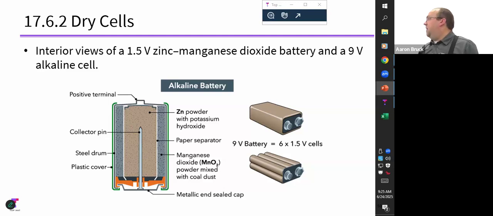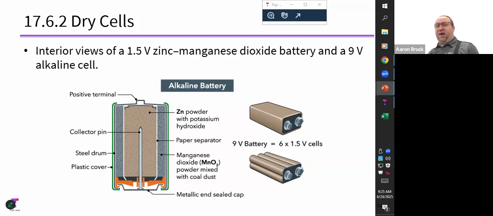The negative terminal, the anode here, would be some sort of sealed cap with a pin in it. The pin is just a collector to help distribute charge.